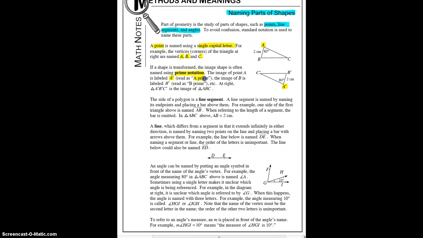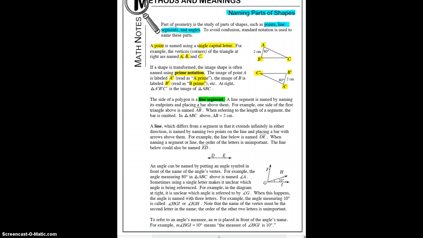Remember, we say A prime. So B's image is B prime, and C's image is C prime. This is to let someone else know, or to label for ourselves, that one image came from another. Every part of this image is the same as every part of this image, only they're in two different locations.